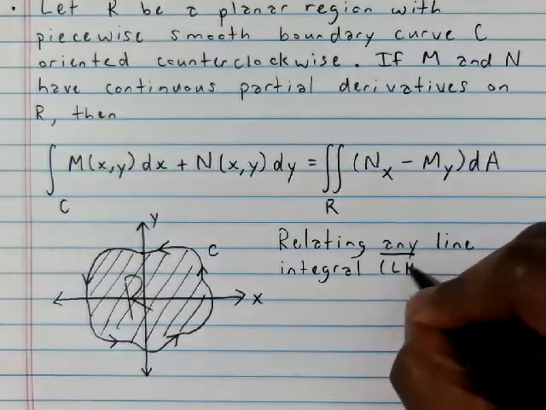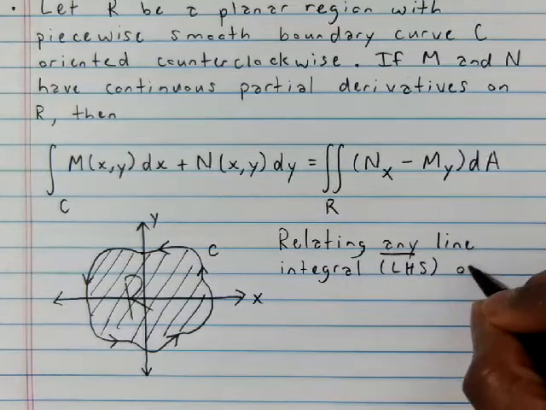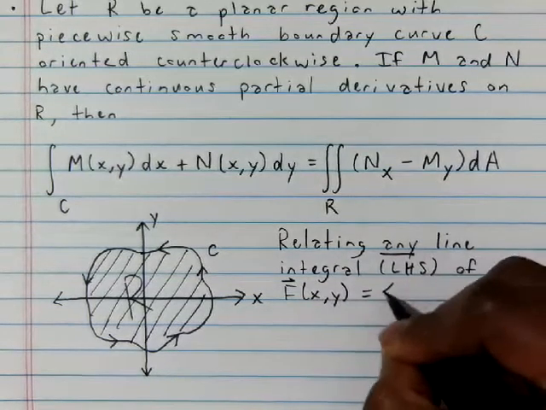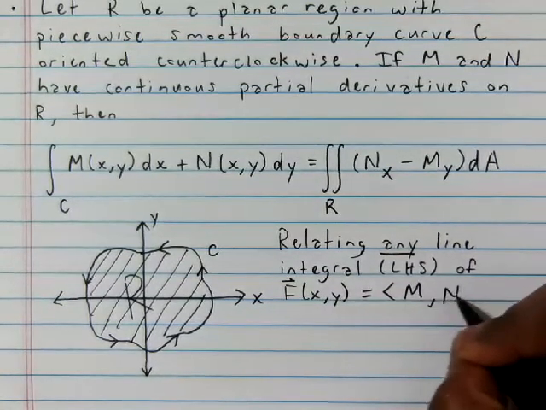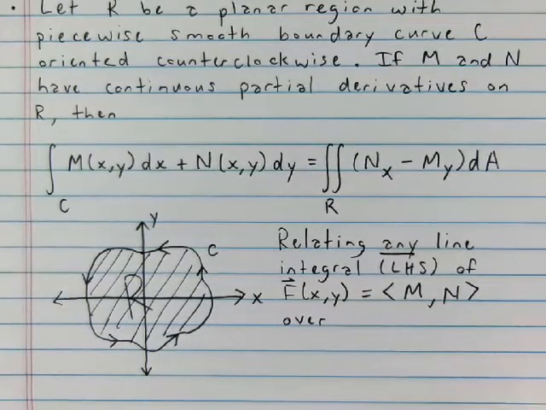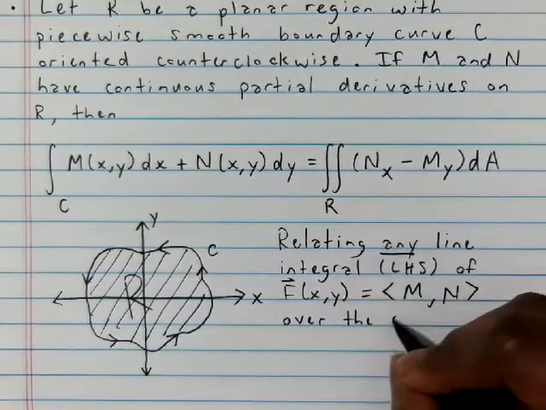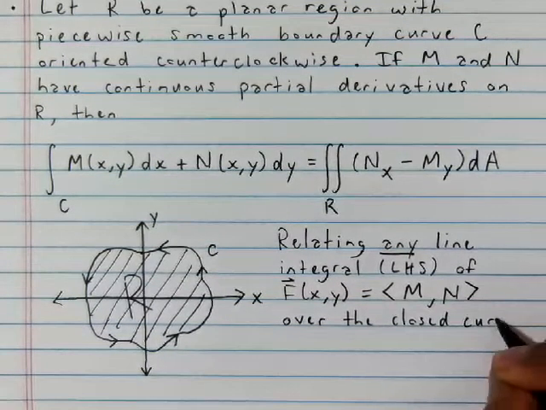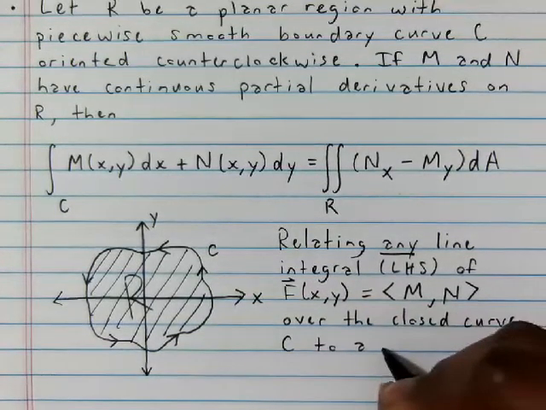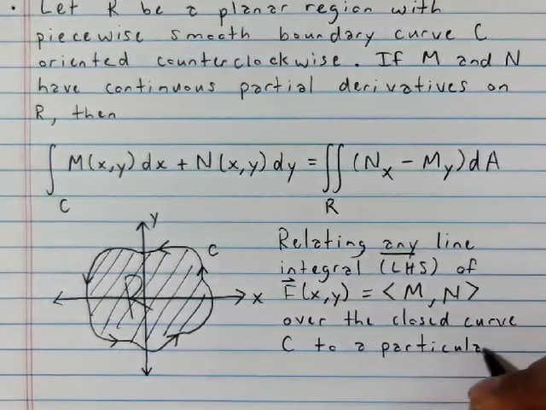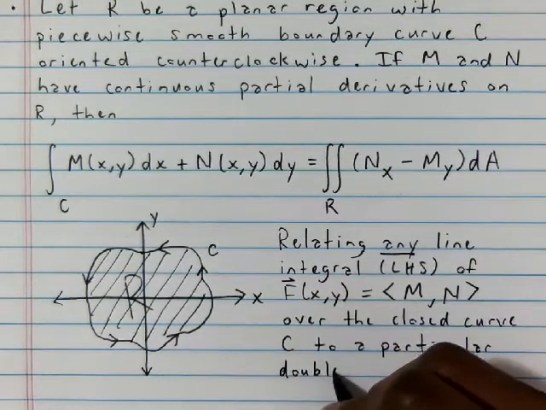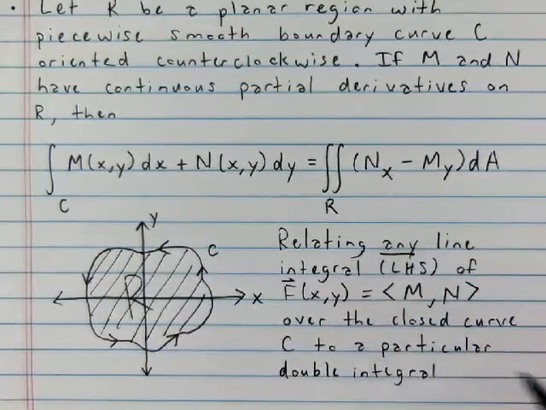So we'll put LHS, left-hand side, of the vector field F(x,y), which is given by M, N, over the closed curve C, to a particular double integral, and that's our right-hand side.